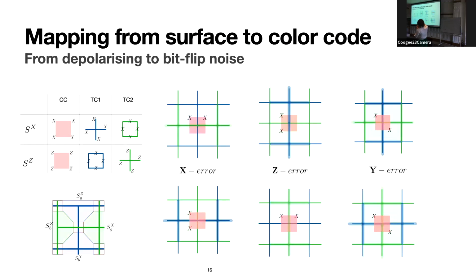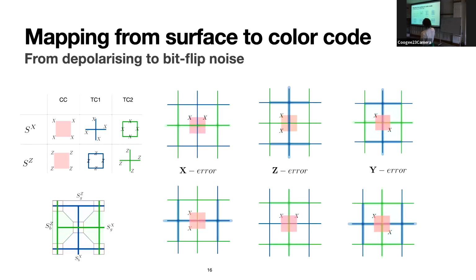So it indicates the 2 Z stabilizers of the blue toric code and the 2 star stabilizers of the green toric code. And so the top row and bottom row just happen at different places in the lattice. So this one over here would happen where the blue and green toric codes cross in this direction. And the other one would happen, for example, at the square in the middle of the lattice on the left.